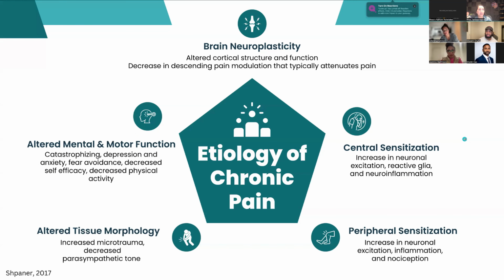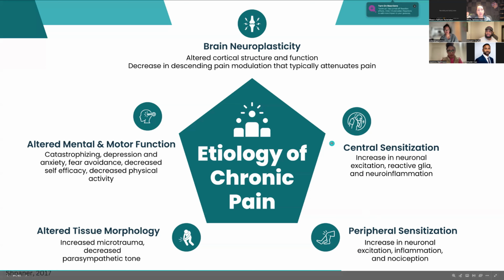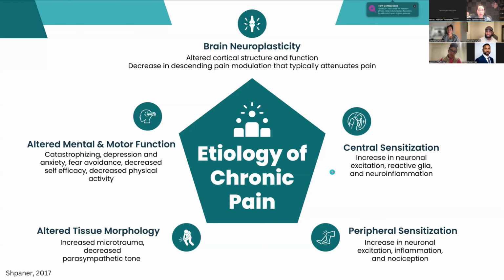Why does this happen? The main reason is that you start with this central and peripheral sensitization. And that's when the neurons are more excitable. There's other cells in the central nervous system like glia and astrocytes that become reactive. You start to develop neuroinflammation. And over time, when your neurons are exposed to this type of stimuli for a long period of time, they start physically changing their structure.